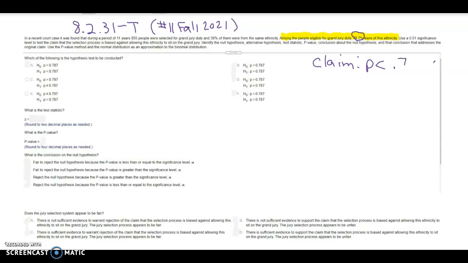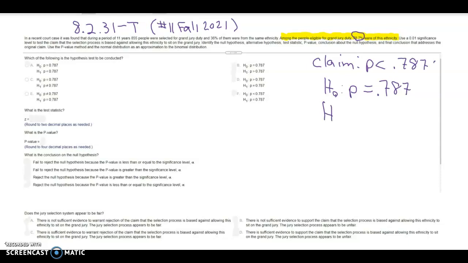We'll write that as a decimal, 0.787. That's our claim. The null hypothesis always has an equal sign, so it'll be that p equals 0.787. Remember, we're using p because we're talking about proportions.